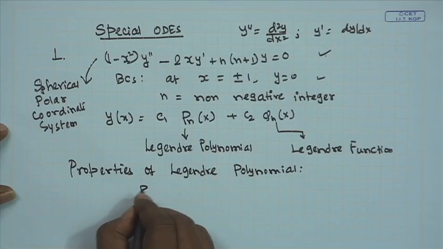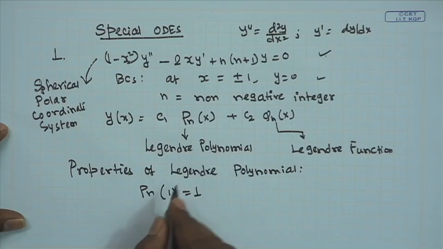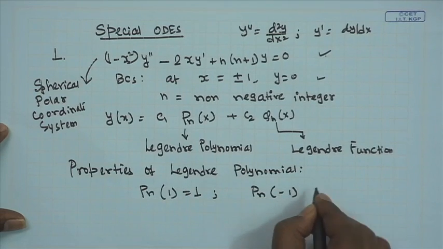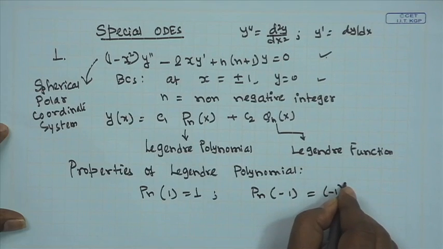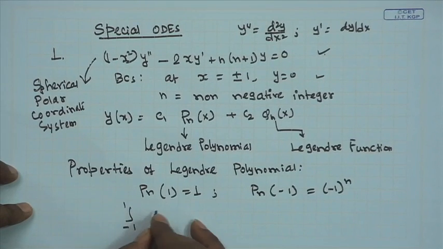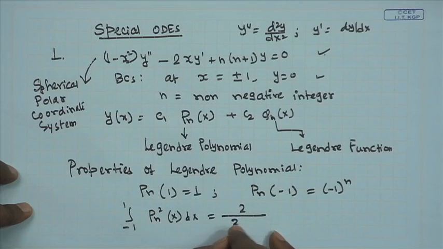Pn at 1 is equal to 1, Pn at minus 1 is equal to minus 1 raised to the power n, and the integral from minus 1 to plus 1 of Pn square x dx is equal to 2 divided by 2n plus 1.